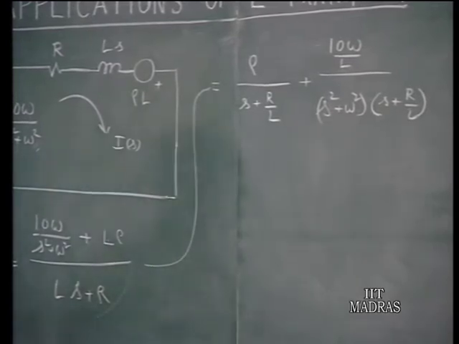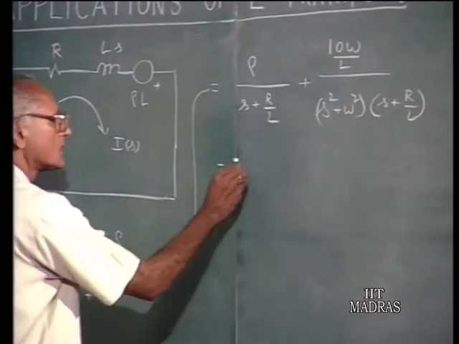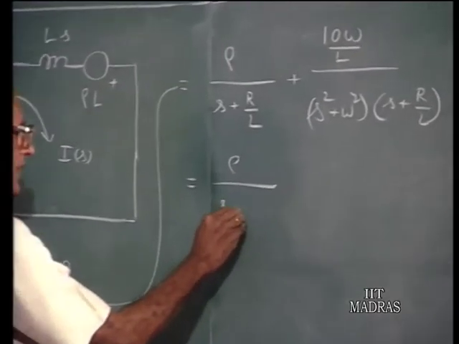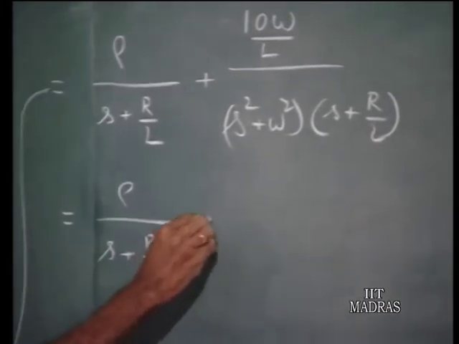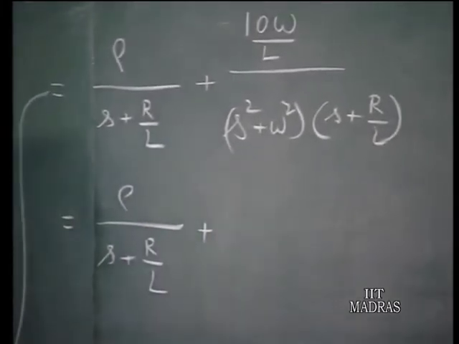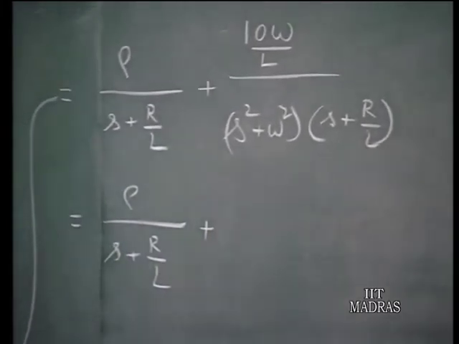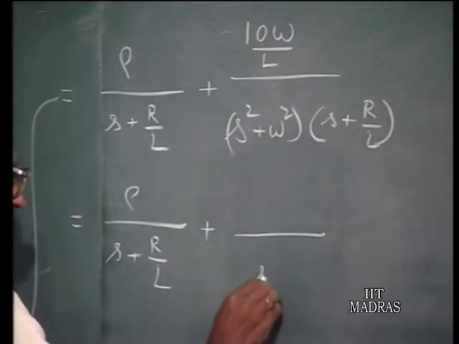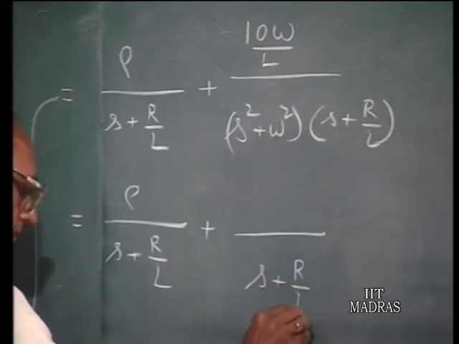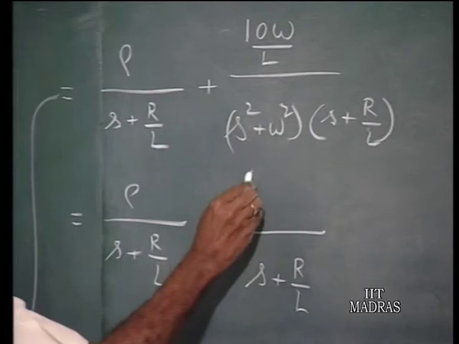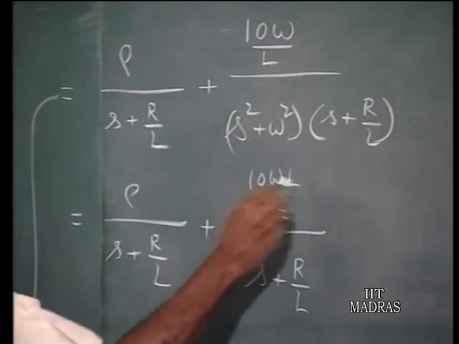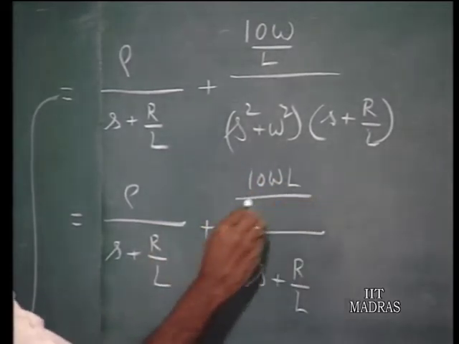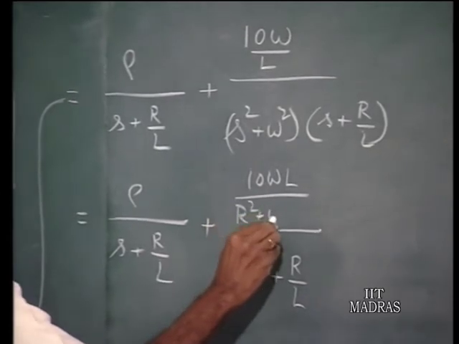If you make the partial fraction expansion of this, you will get rho over s plus R by L as before for the first term, and for the second term you have one term over s plus R by L, and that will turn out to be 10 omega L divided by R squared plus omega squared L squared.